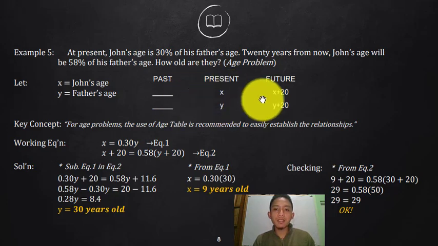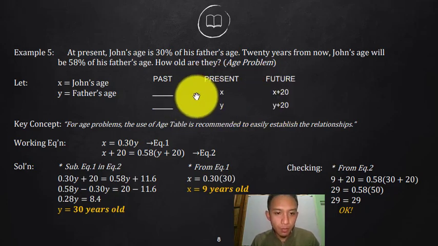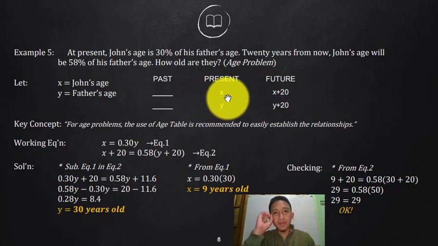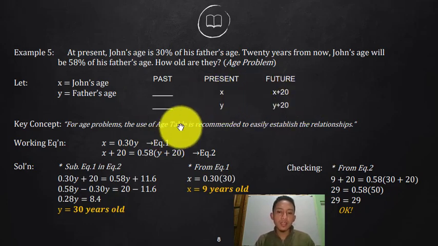This will help us formulate our working equation. But again, if you can just figure that out, why not? Especially if you are talking here of 3, 4 or more individuals whose ages you are comparing, it is always better to write that down in tables, or use the age table.